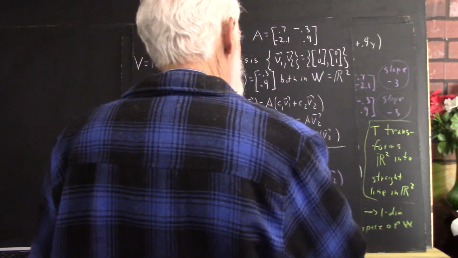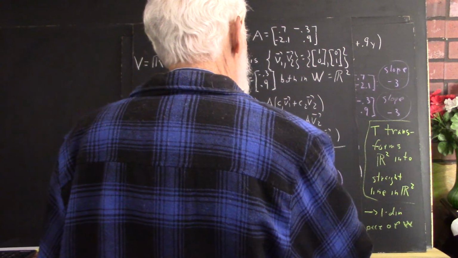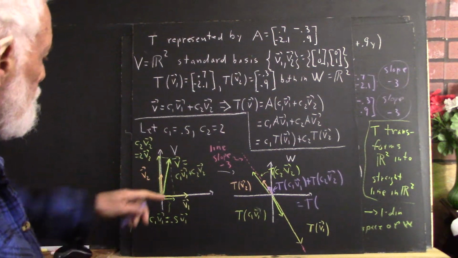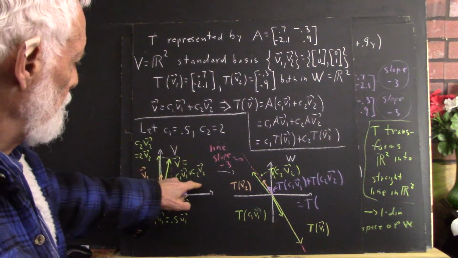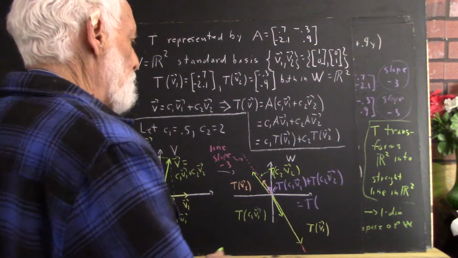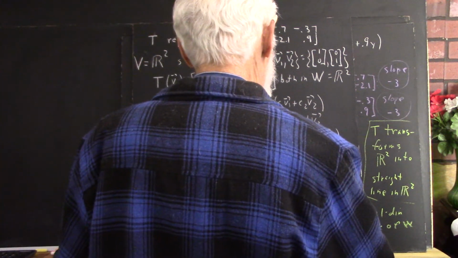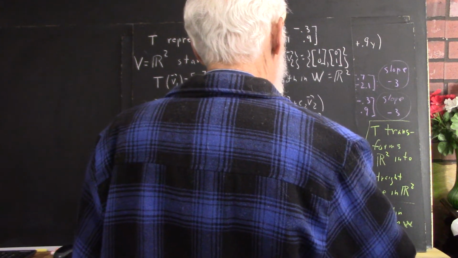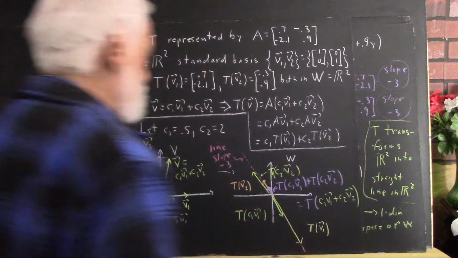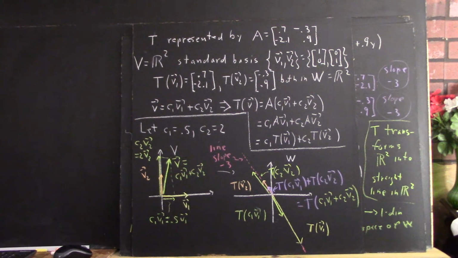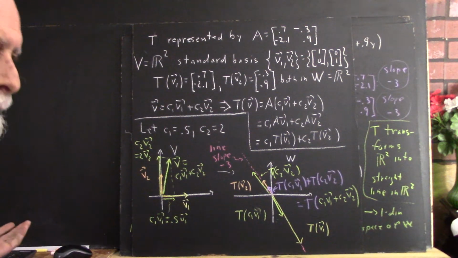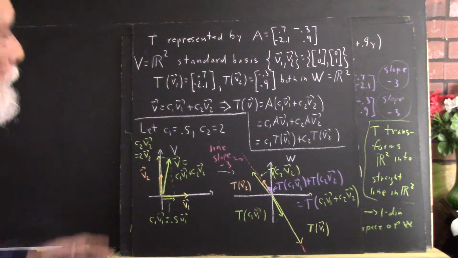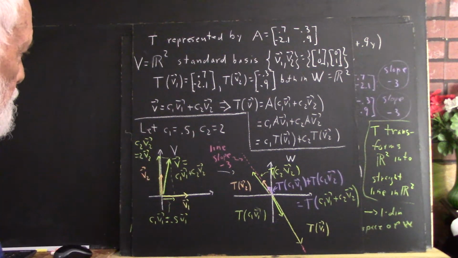And that equals, of course, T of our vector V, which is C1 V1 plus C2 V2. And we can calculate the vector. Okay? Leave it to you to calculate it.